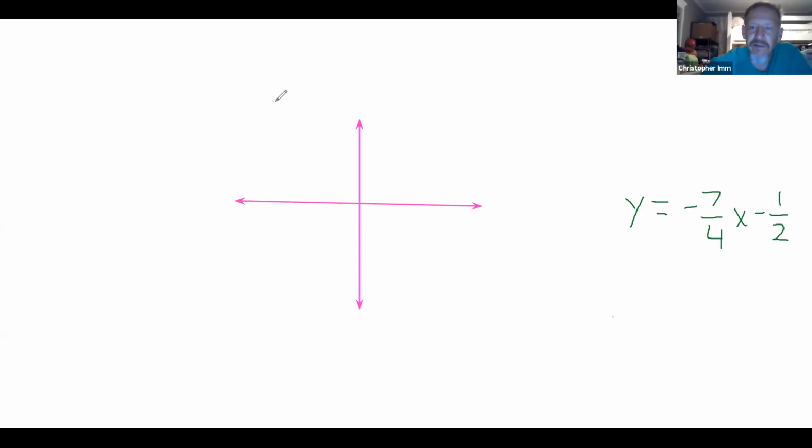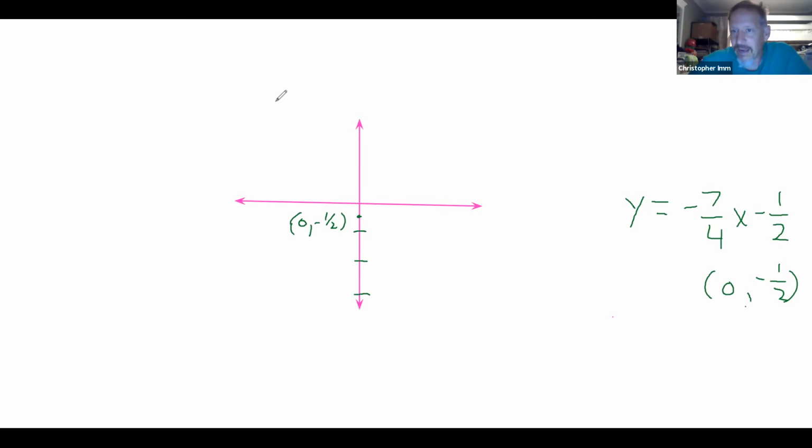I can go ahead and find that y-intercept first. So the y-intercept is when I plug in 0 for x, it'll always be the second component. It's negative 1/2. So if I say, all right, here's negative 1, here's negative 2, here's negative 3, this would be about 0 and negative 1/2. Okay, I just need 2 points to plot a line.